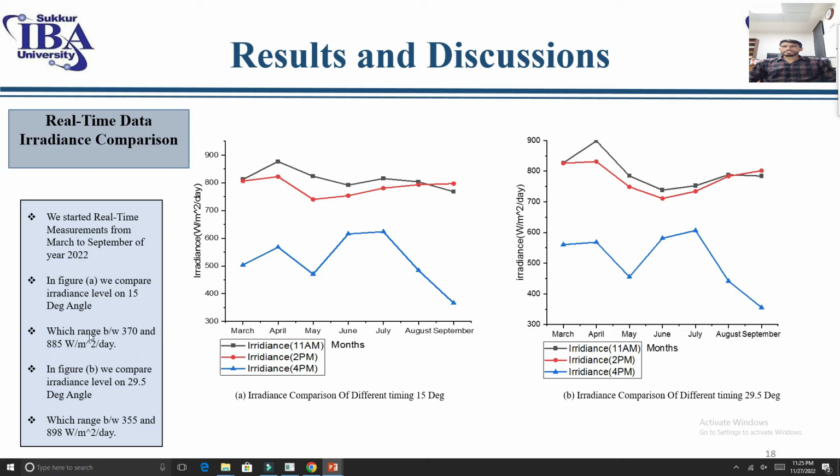On the 15 degree angle the irradiance level is 370 to 85 watt per meter square per day, and on the 29.5 degree angle the irradiance level is 355 to 898 watt per meter square per day.